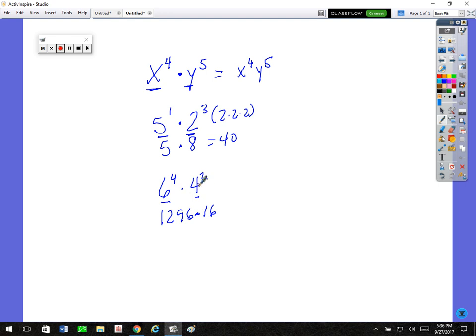Multiplying that times 16 gives me 20,736. These numbers are going to be pretty big because I cannot combine these two. That's the one thing I'm really concerned about today. We were trying to multiply those numbers and we really shouldn't be doing that.